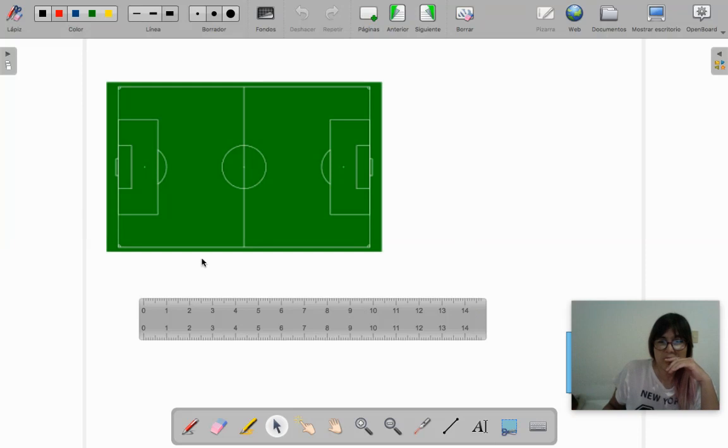Think if we can use the ruler to measure all the green color, all the inside. So I'm going to ask Mr. Danny to pause the video, or Maria, whoever is helping me, pause the video, and I'm going to give you 15 seconds to think about it. Okay, if you are back, it's because you already thought about it, and I want to hear some of your answers.